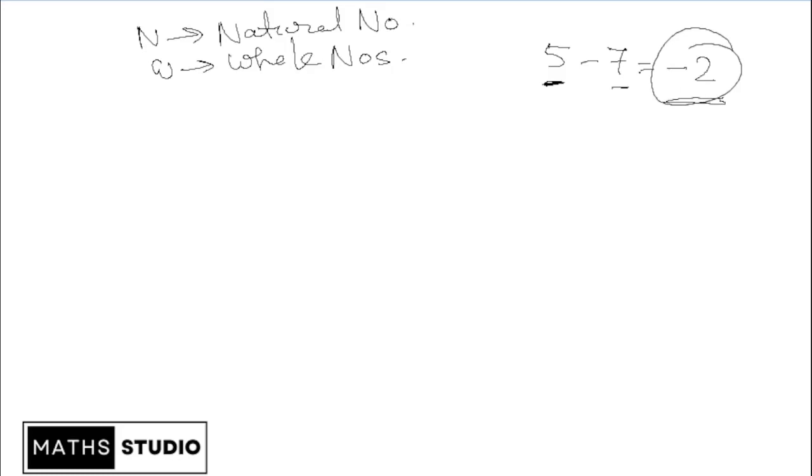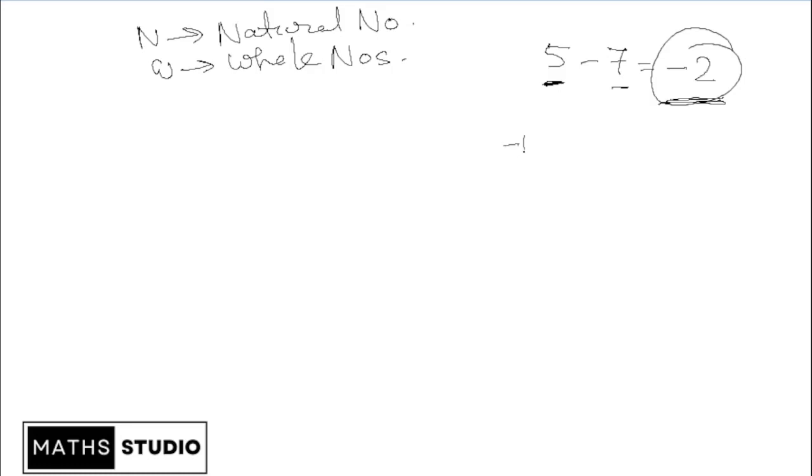Why? Had somebody asked me for 5 chocolates, it would have been 5 minus 5, 0. But I am also asking somebody else. So I owe 2 chocolates to somebody. So how many chocolates do I owe? Minus 2 chocolates. That means in future, if I get 2 chocolates, I'm supposed to give those 2 chocolates to the person to whom I owe. So a new set of numbers got introduced.